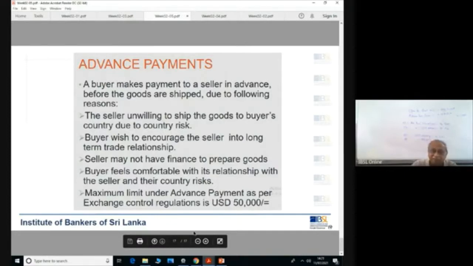Is this the name of the customer? Yes. How do you know? Then they said, sir, we have done, People's Bank was also there. People's Bank, we have done more than 6 or 7 transactions recently. Commercial Bank also, they told me. NDB, NTB, Sampath, all my customer. What is it? Money laundering.